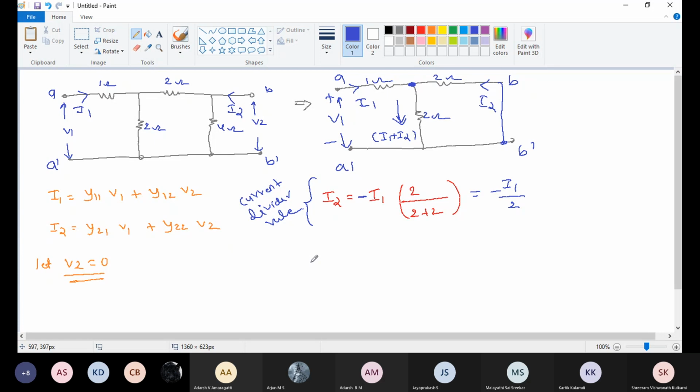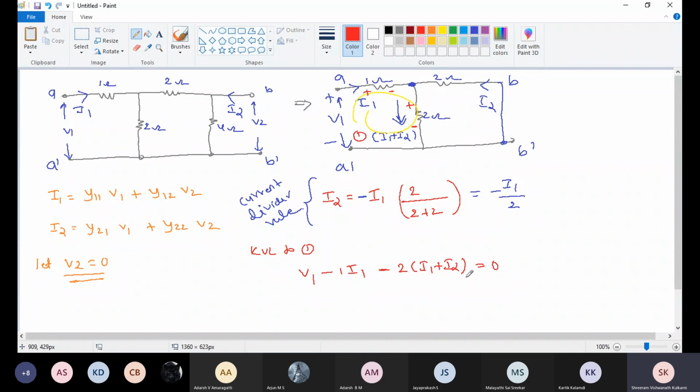Now apply KVL to the first loop: plus V1 minus 1 I1 minus 2 times (I1 plus I2) equals 0.